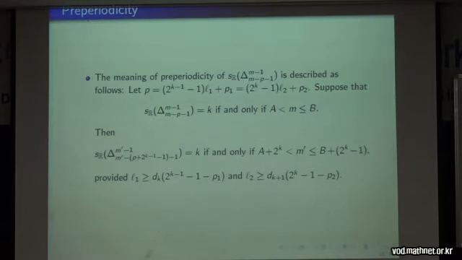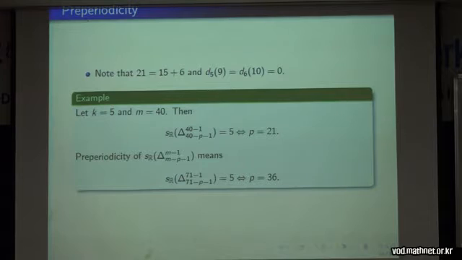Also, we need these two conditions. And this is an example. Note that 21 is 15 plus 6, and this number and this number is a.